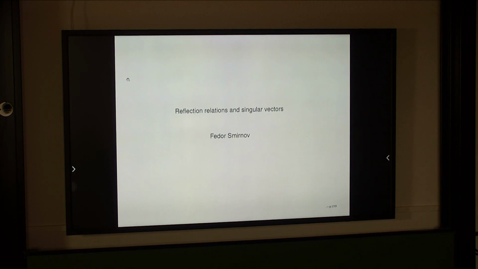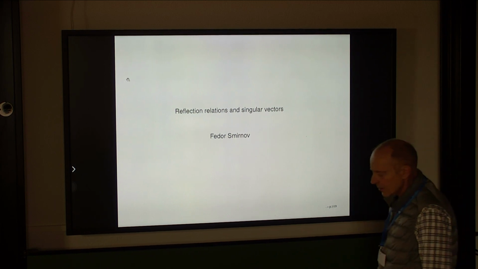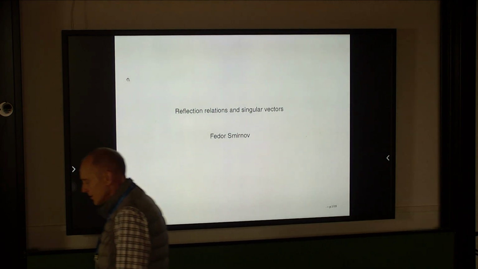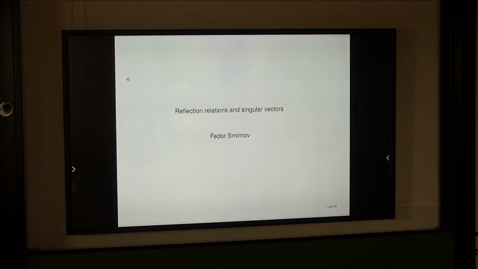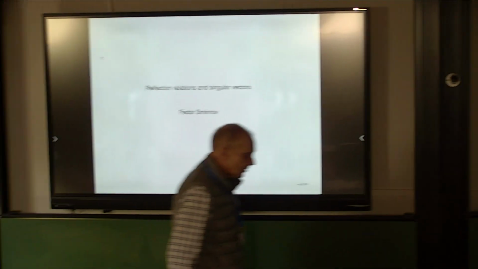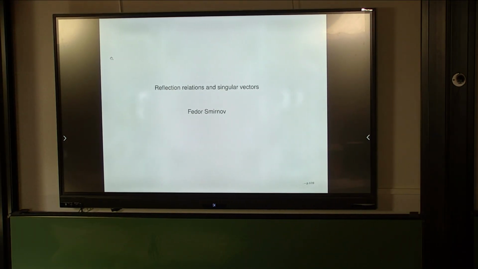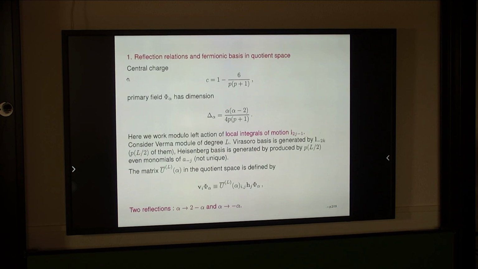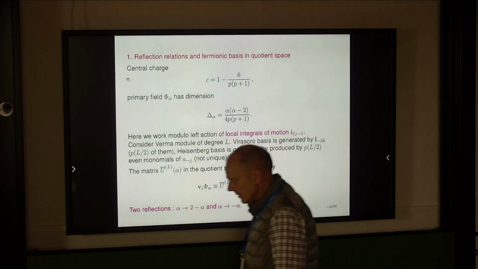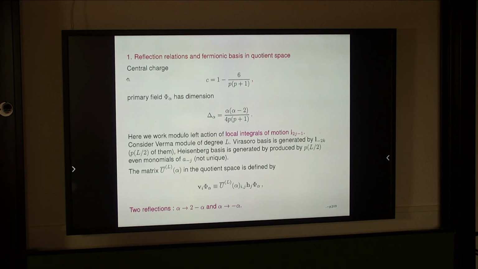Then with Stefano Negro, we realized that we can use the framework of reflection relations which were discovered by Fateev, Lukyanov, Zamolodchikov and Zamolodchikov. I will explain what it means. Roughly speaking, the fermionic basis solves the reflection relations.